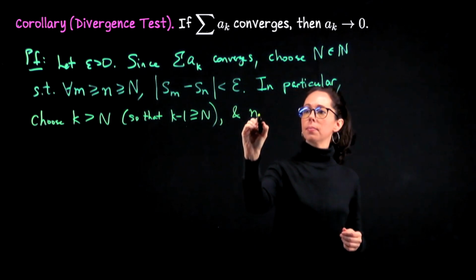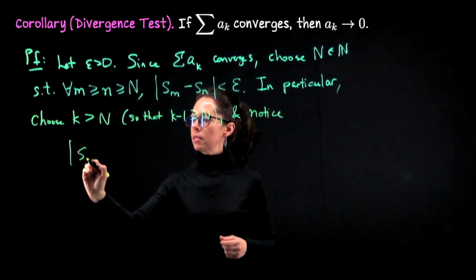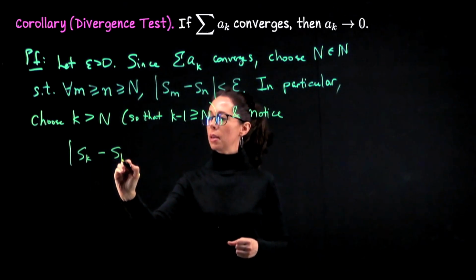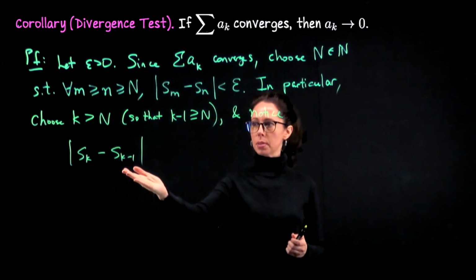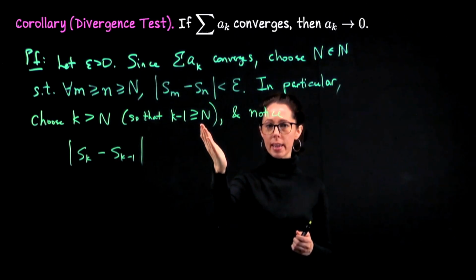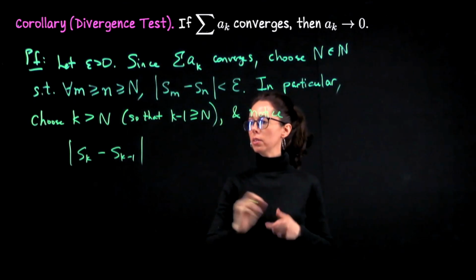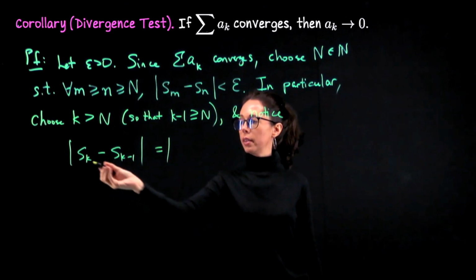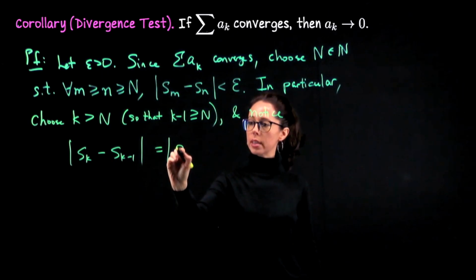And notice that s sub k minus s sub k minus 1, well, both of these subscripts are greater than or equal to the threshold n, so we know that the result will be less than epsilon by this statement, but also we can say that literally the difference between these two consecutive partial sums is just the kth term.